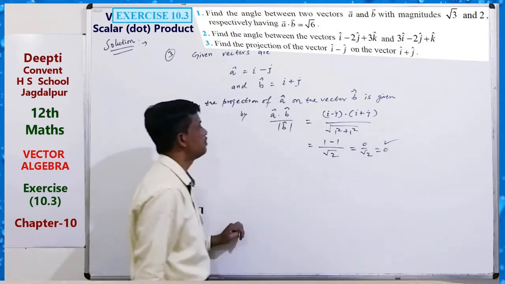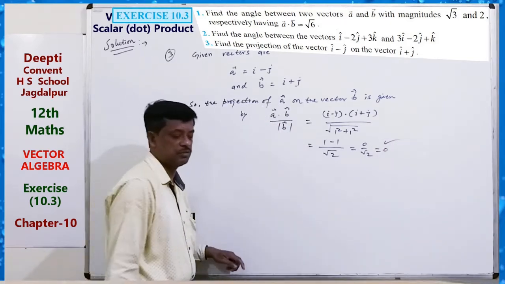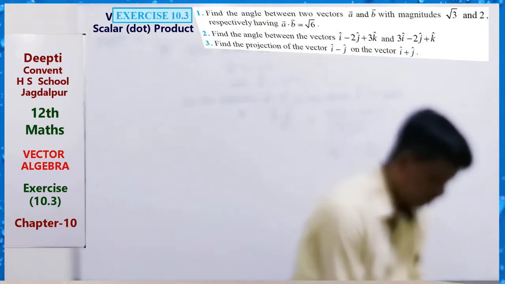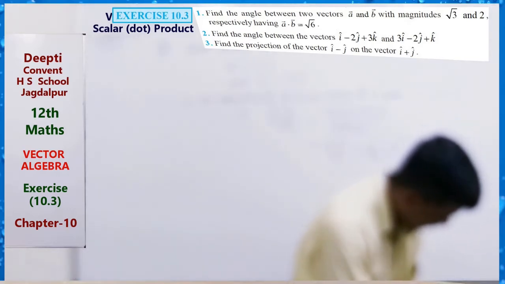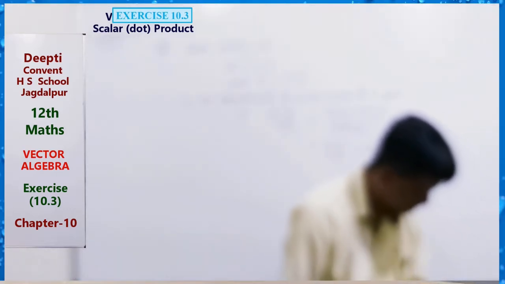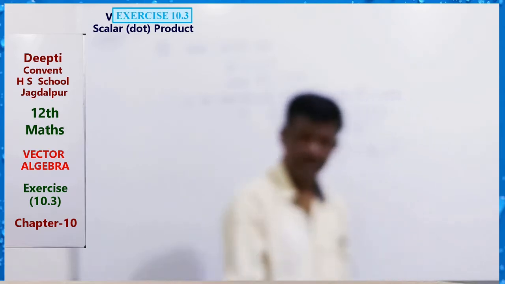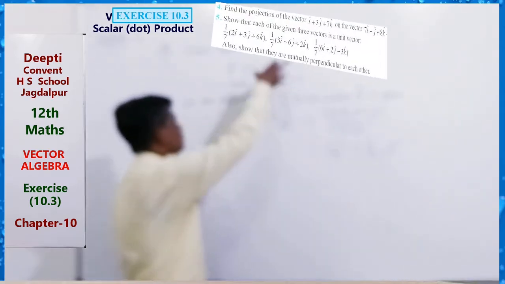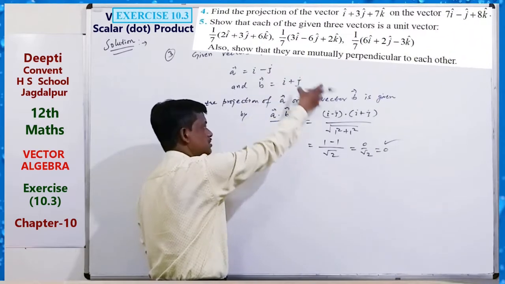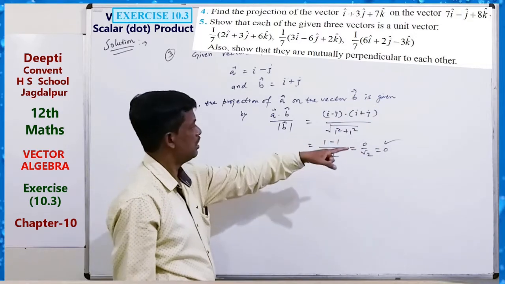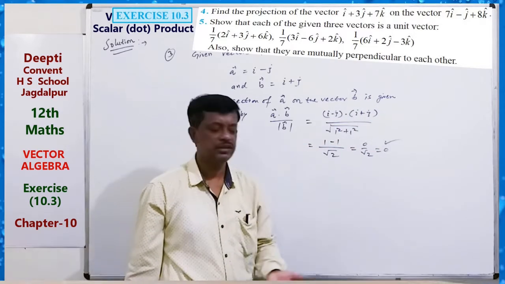So the projection is 0 here. Question 4 can also be found like this: just put the vectors in the formula A dot B over the modulus, and you can get the result.